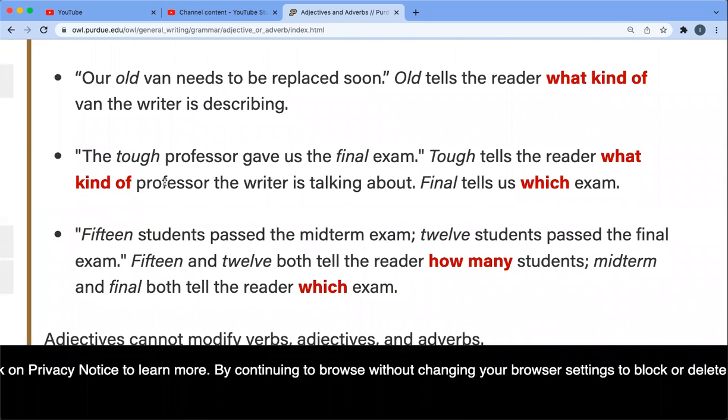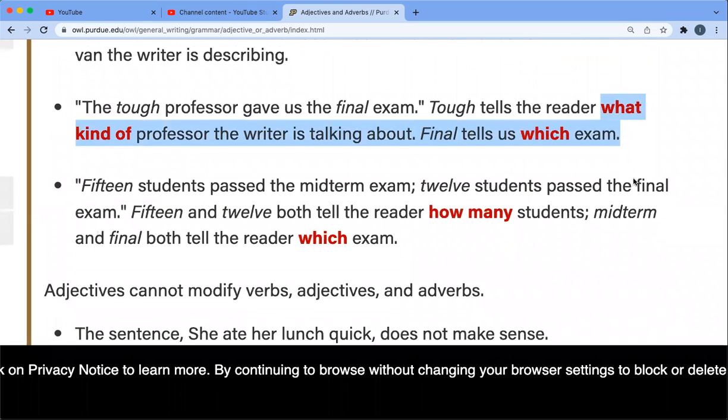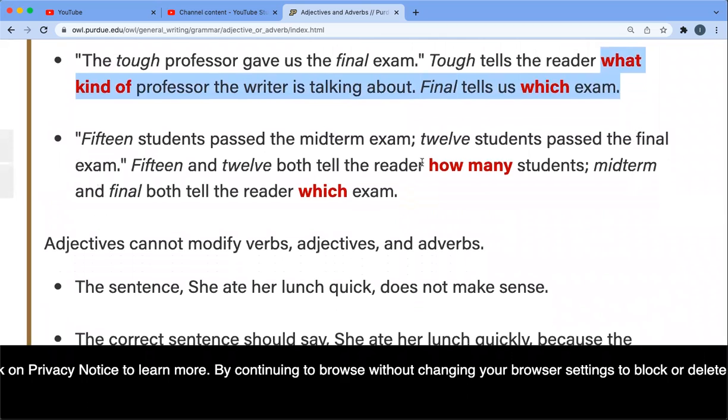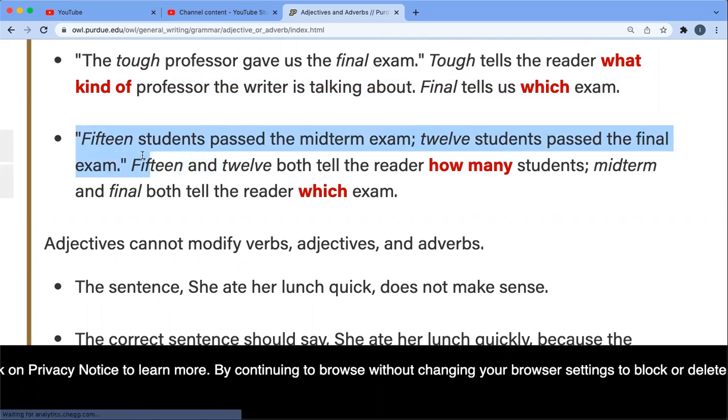In terms of what kind, for example, if I say the tough professor, and then I ask you what kind of professor, you say the tough professor. What kind of could be a good question for this element. The next question is how many. For example, if I say 15 students passed the midterm exam, 12 students passed the final exam, I'm giving you a ratio by providing numbers. By the way, numbers are considered adjectives within the sentence structures.